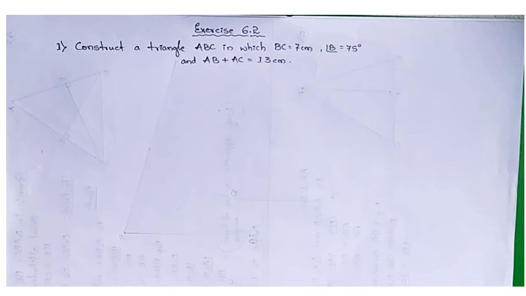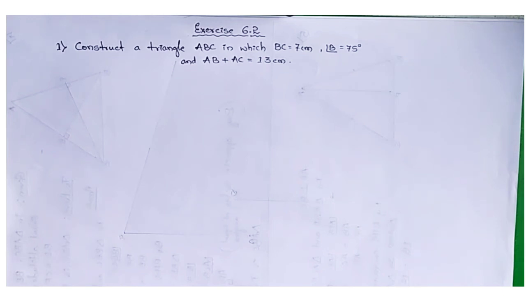Directly taking exercise 6.2, first question: construct a triangle ABC in which BC is 7 cm and angle B equal to 75 degrees, and they have also given the sum of sides AB plus AC as 13 centimeters. Using this basic thing we have to construct the triangle.